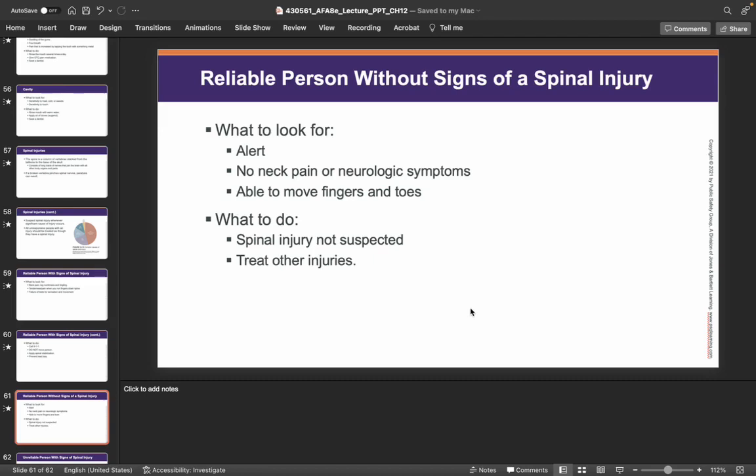Some things to look for: pay attention to how alert they are and make sure that they stay responsive. Check on them periodically to watch for that. Look for making sure that their pain's not getting worse or neck pain isn't coming about or neurological symptoms aren't starting. That could be an indicator that things are getting worse.